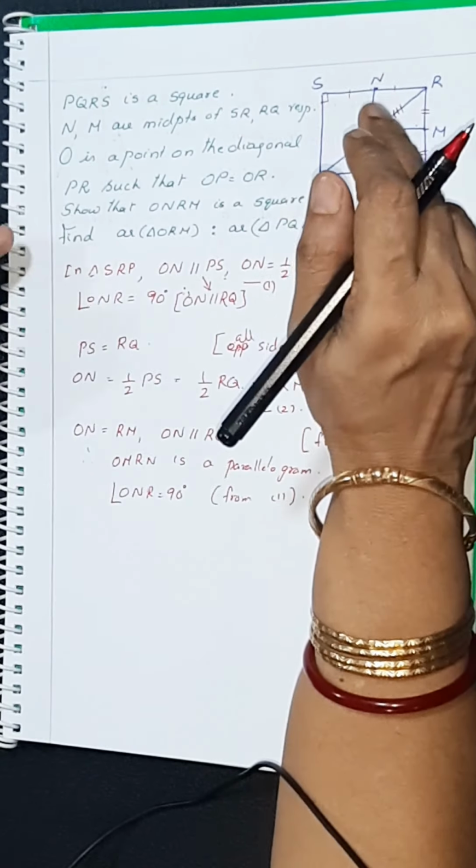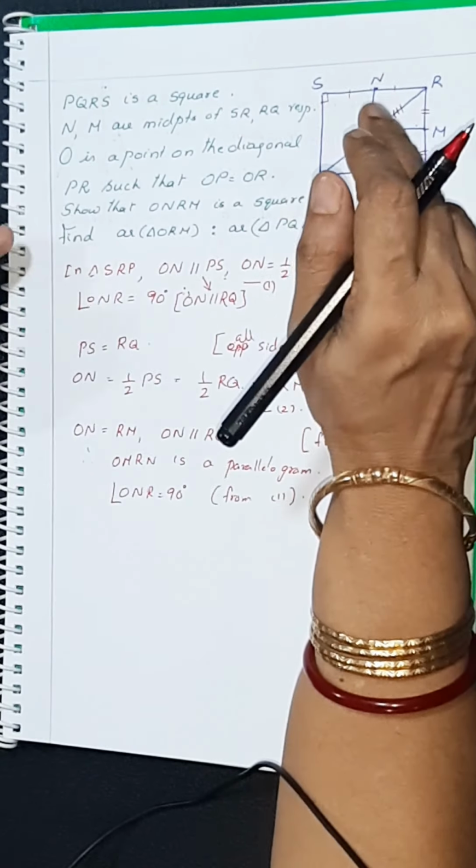Again O and M are the midpoints of the sides in triangle RPQ.